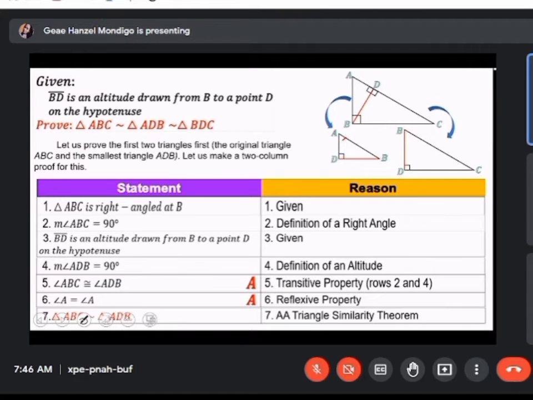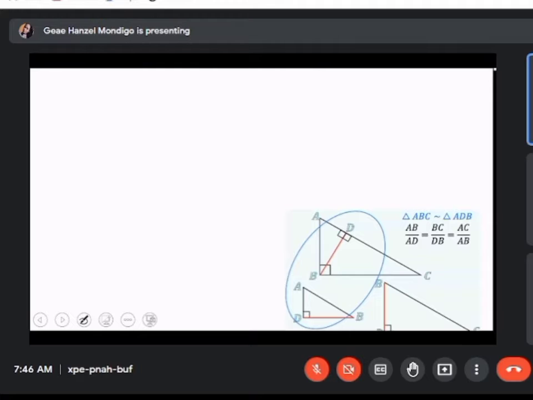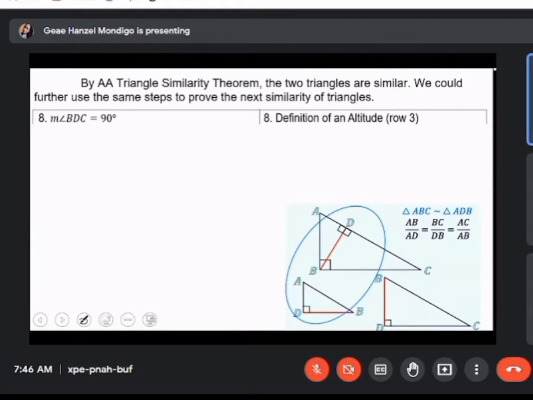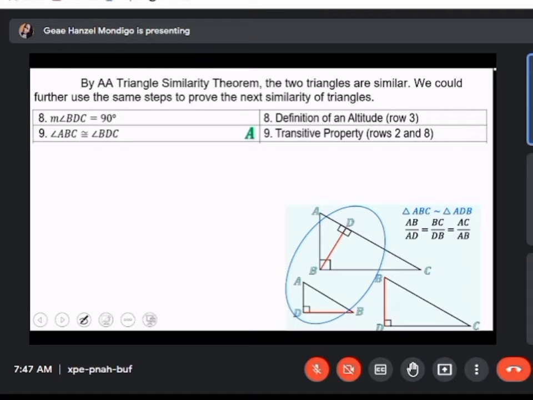So at this moment, we're going to prove the two triangles, the original and the bigger or largest triangle. First, the measurement of our angle BDC is still 90 degrees. Then second, our angle ABC is congruent to our angle BDC, still 90 degrees, right?